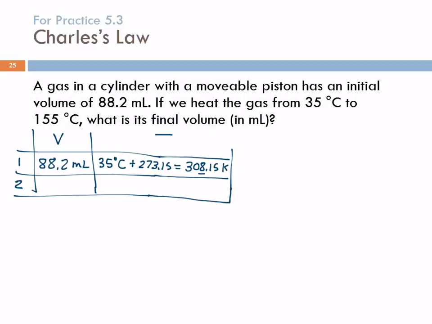Temperature. This is going to be T. So it's going from 35 to 155. So the new temperature is 155 degrees Celsius. We need to convert that to Kelvin also. 155 plus 273.15, 428.15.